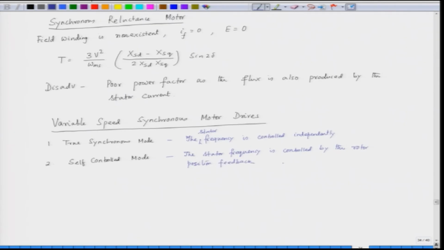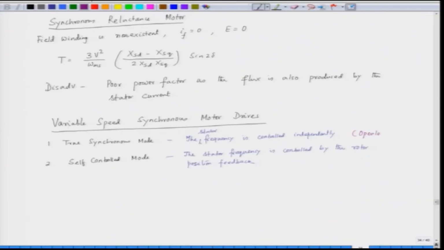So, usually true synchronous mode drives are open loop drives, they do not have any rotor position feedback. So, we can call these drives open loop drives and these are closed loop drives. The self controlled mode are basically closed loop drives. So, let us discuss a scheme for true synchronous mode, that is the open loop drive of synchronous motor.